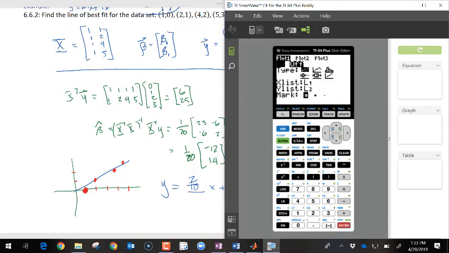Oh, I have to turn this on. There we go. So if I were to draw this graph, it would look something like this. Hey, that looks pretty good, huh? Like looking at my picture. Okay, is that cool?